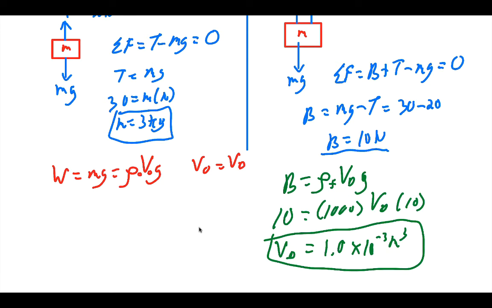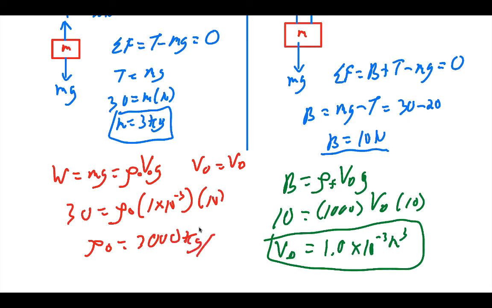So now knowing the weight, 30, and the volume, 1 times 10 to the minus 3, gives me a density of 3,000 kilograms per cubic meter. Now that number makes a lot of sense because it was able to sink fully in the water. It didn't float. For something to sink in water, its density must be greater than the density of the water. So that's an example of when something is fully submerged.